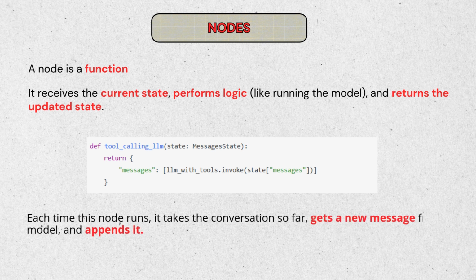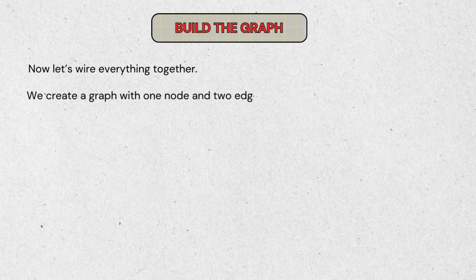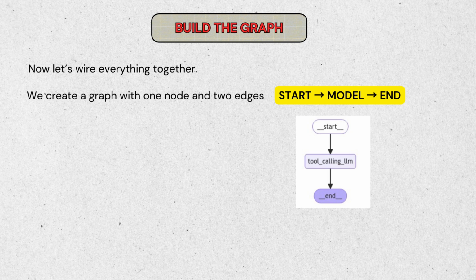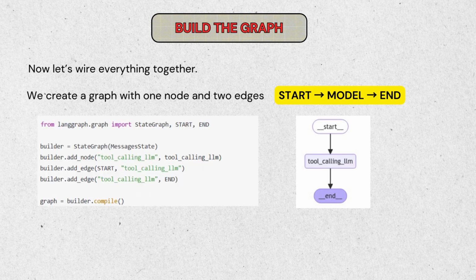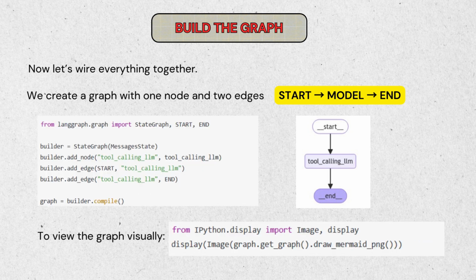Each time this node runs, it takes the conversation so far, gets a new message from the model and appends it. Next, let's see how to build the graph. Now, let's wire everything together. We create a graph with one node and two edges. Here is the code. To view the graphical view, we use this code.